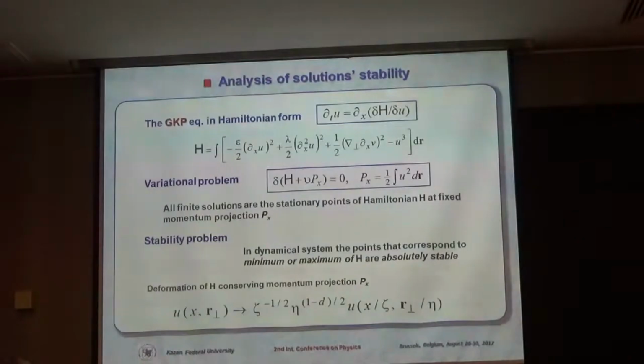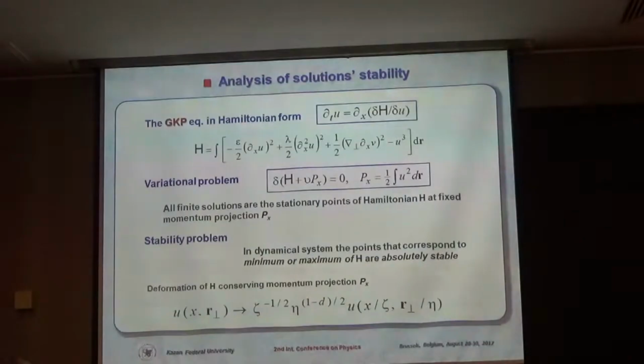To speak about existence of soliton solutions, it's necessary to prove that they can exist in the model. Let's write the GKP equation in the Hamiltonian form, with Hamiltonian, which has a sense of energy of the system. Variational problem is formulated in form of variational equation, which has the following sense.